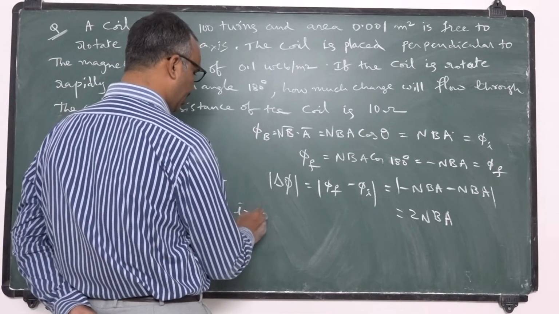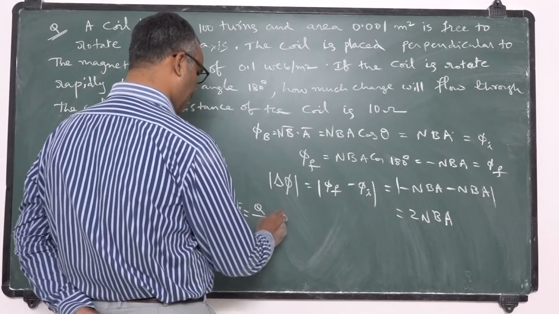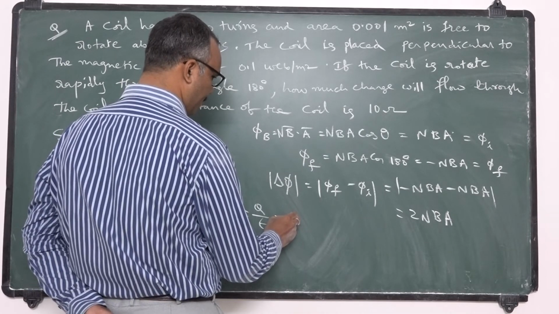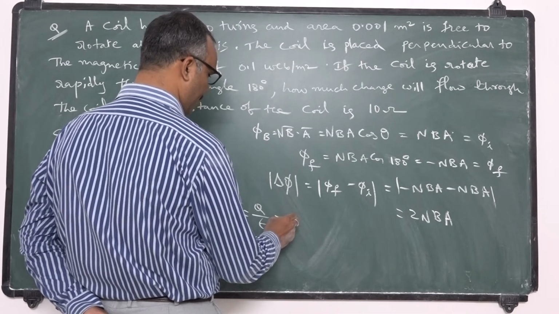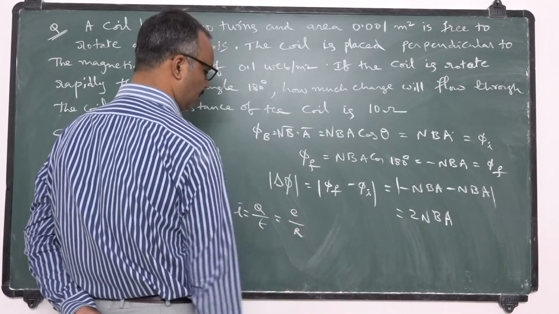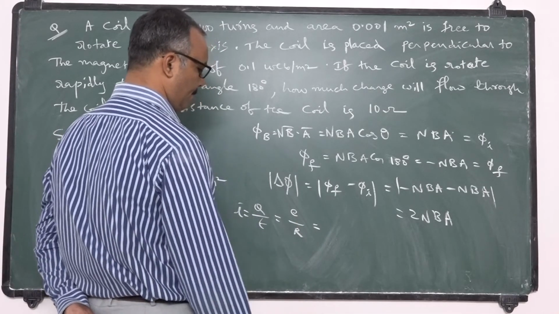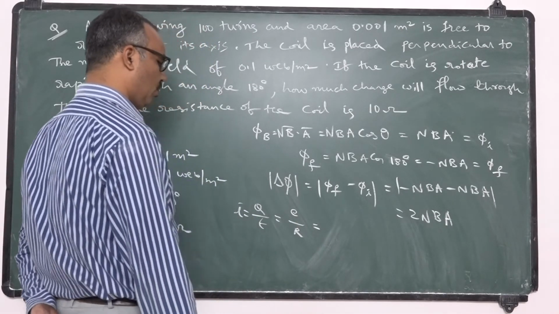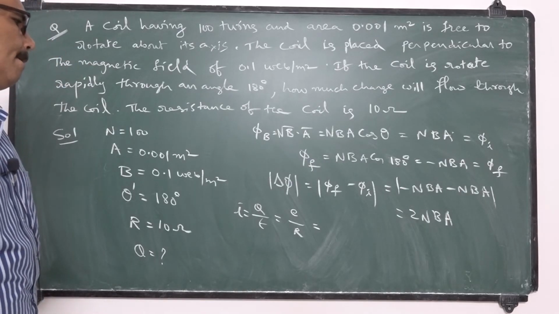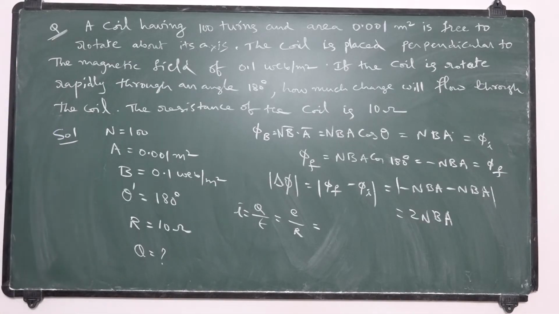You know that current is equal to charge flown by time taken. Induced current is given by induced EMF by resistance. Now, how to calculate the charge?